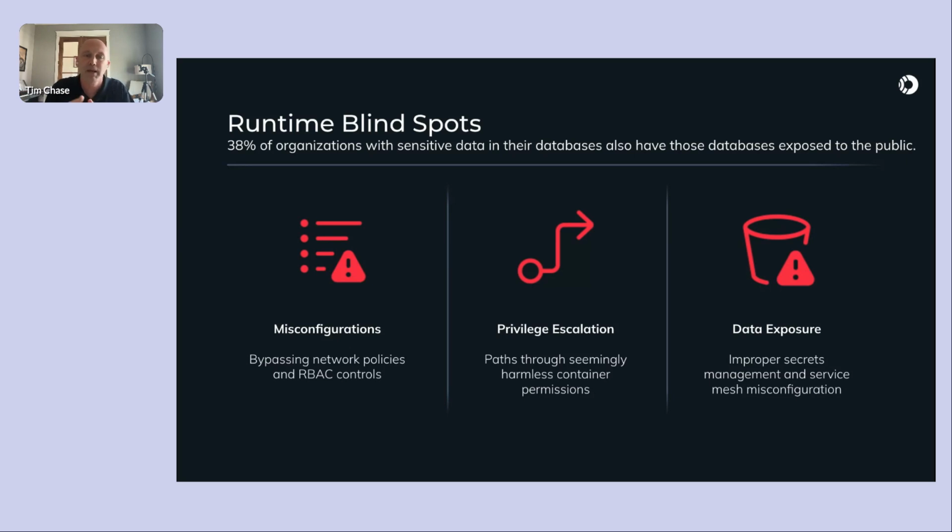And so you can see as we walk through this, right, a misconfiguration of the network policy or the RBAC controls could potentially lead to a privilege escalation, right? If somebody is able to gain access into your environment because something is misconfigured, well, then they can escalate their privileges once they get in, because we all know that once somebody is in, we don't always know what access they have.